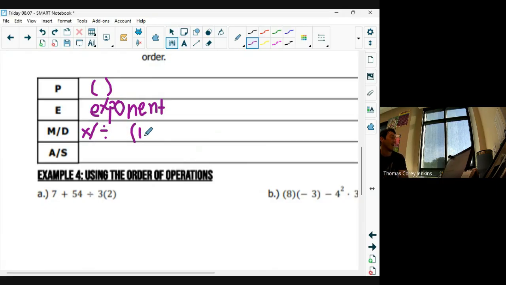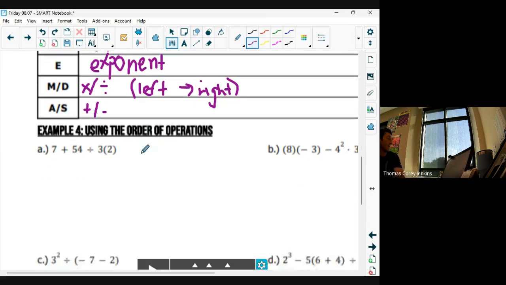I'll show you what I mean when I get there, but you might want to go ahead and write this down. From left to right. Sorry about the handwriting. And then AS would be addition and subtraction. We always do that last. Any questions? All right, let's simplify some of these.